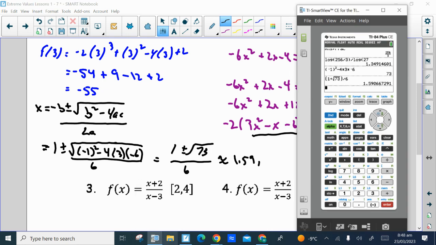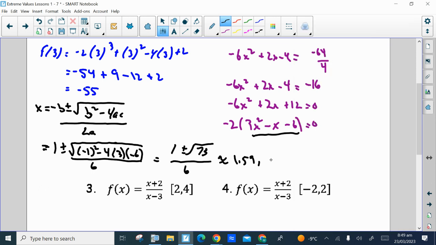And then the second one will be when it's 1 takeaway root 73 all over 6. So negative 1.26 approximately.